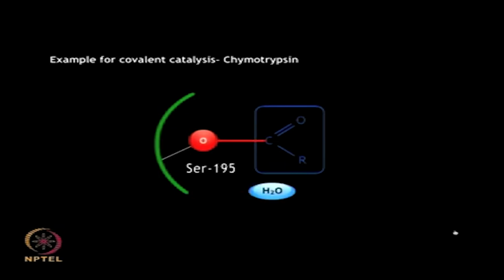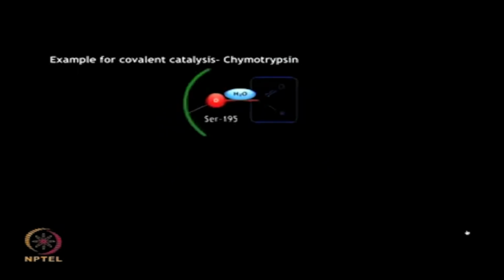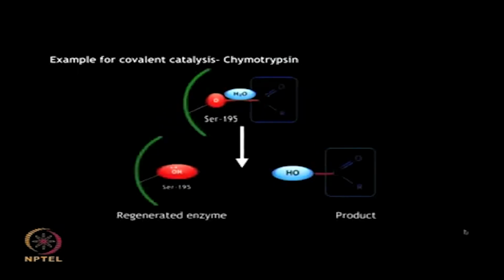The reaction between the serine hydroxyl group and the unreactive carbonyl group of the substrate helps in bringing about product formation. Enzyme regeneration occurs after this reaction. Covalent modification of the serine residue led to the irreversible inactivation of the enzyme.